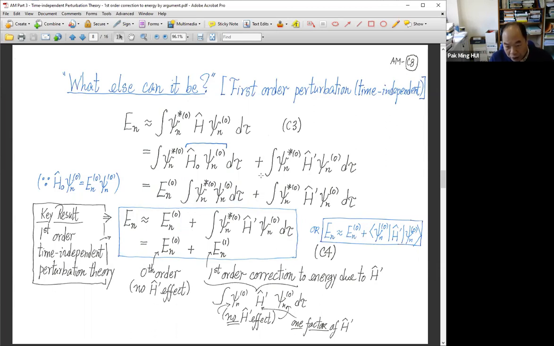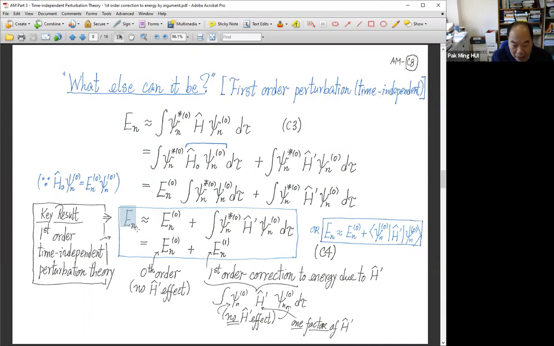The more interesting term is the second term. Here explicitly, I have zeroth order state, first order one factor H prime. So I copy it through. Now, at least, I didn't lie to you. We did get something of the form we want.